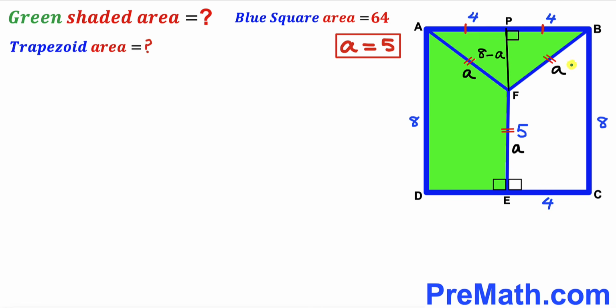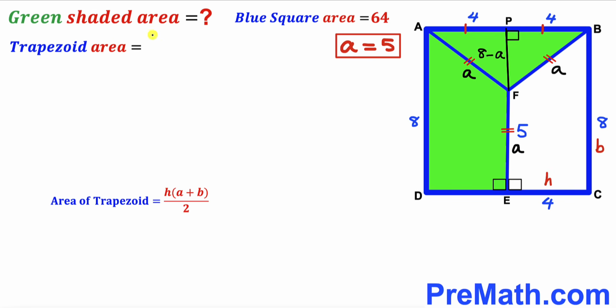Now we are going to calculate the area of this trapezoid. Let's recall the area of a trapezoid formula. Area is always equal to the height h times the sum of these bases a and b, all over 2. Here our base a is 5 units, base b is 8, and our height h is 4.